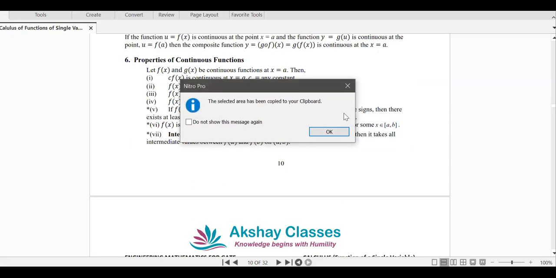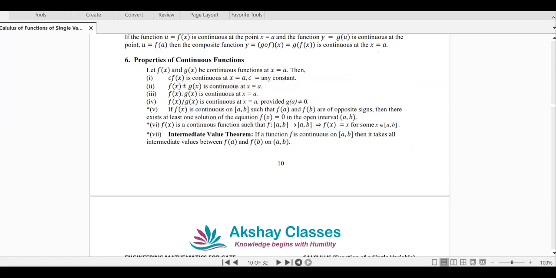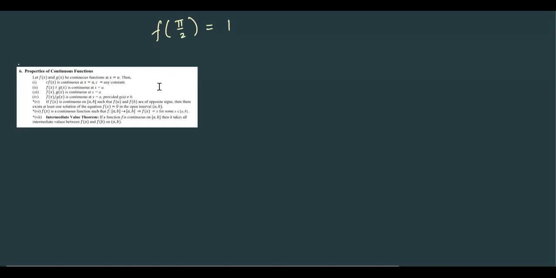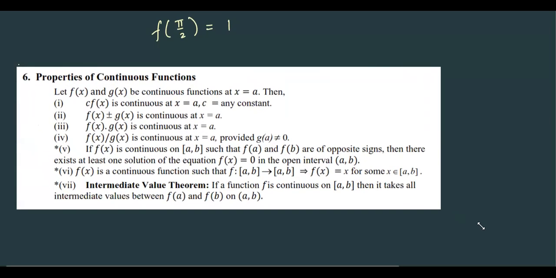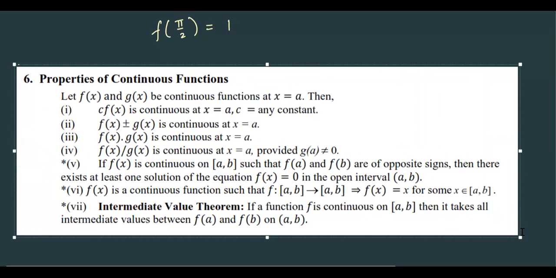Next, these are important properties of continuous functions. Let f and g be two continuous functions at x equal to a. Then if you multiply f with a constant, the function continues to be continuous at x equal to a.